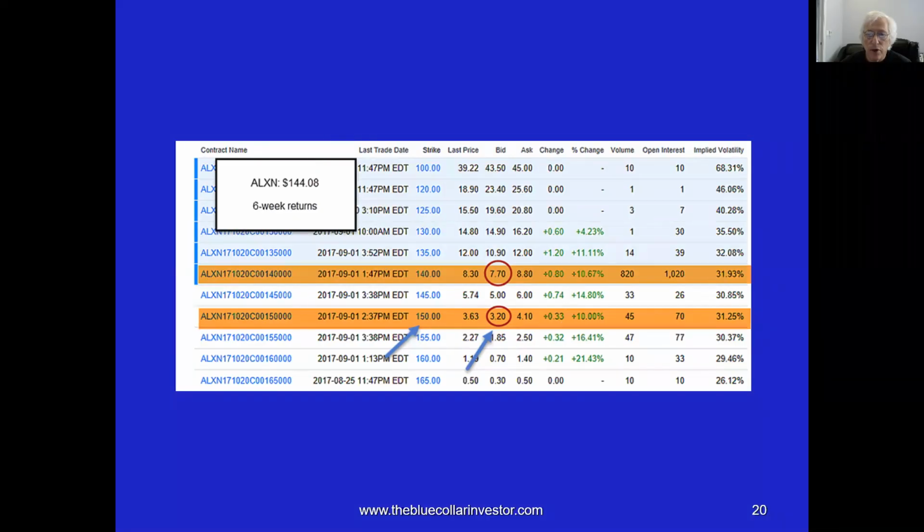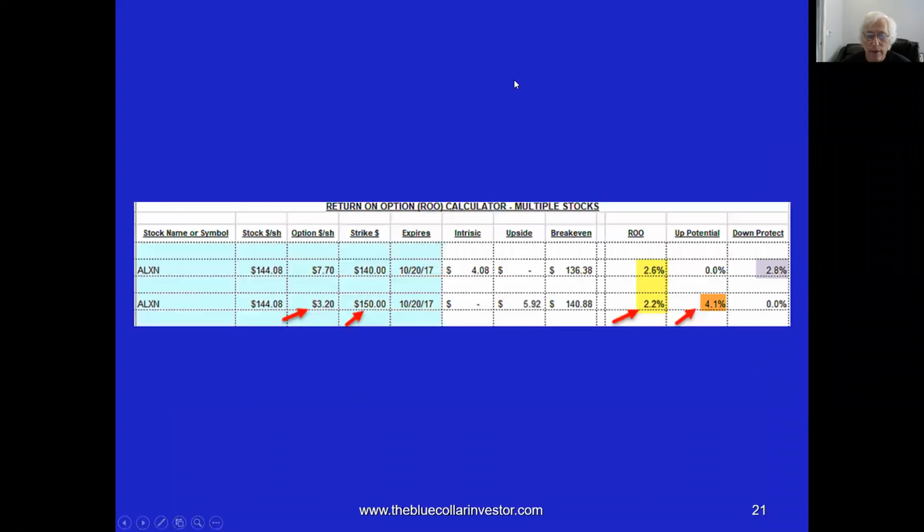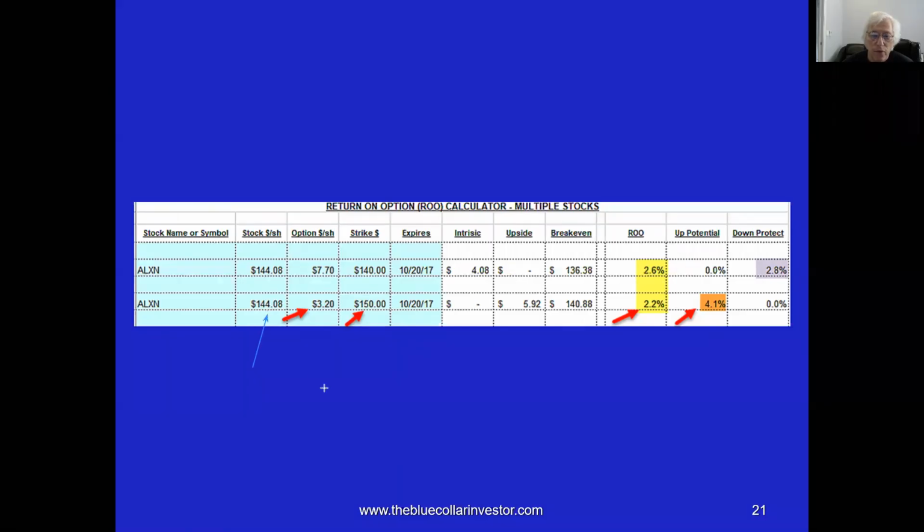So next I'm going to show you the Elman calculator. And on the bottom row of the Elman calculator, you could see the figures that we just discussed. Alexion was trading at 144.08. We generated 3.20, selling the 150 out of the money strike, higher than current market value. Now, when we sell an out of the money strike, we have upside potential. Price of Alexion can go from 144.08 up to 150.